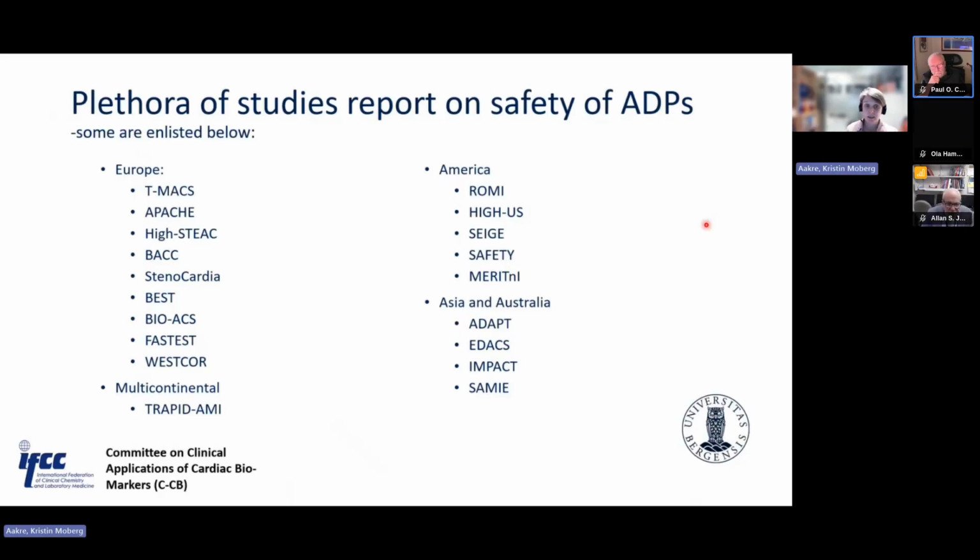So most of these have sampled patients in the ED and then afterward calculated what would be the safety if we used this pathway. So they have not necessarily used the pathway, but they have just calculated safety measures based on what outcome the patients had if they were later diagnosed with myocardial infarction. As you can see, we have a large number of these from all over the world.